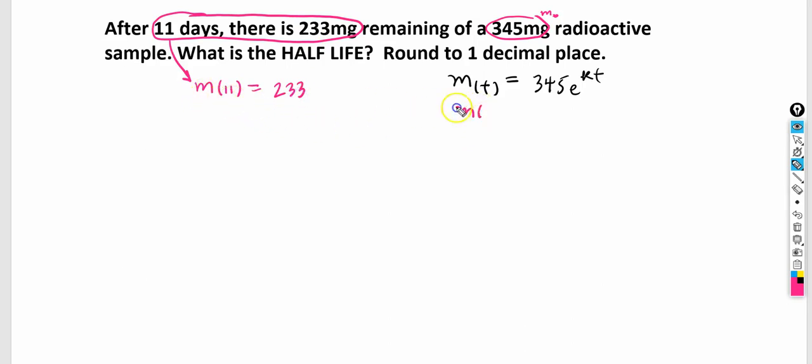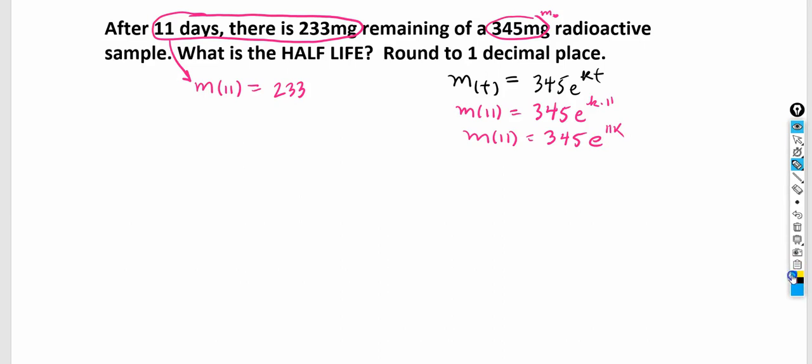I can use this formula. And so if I put t equal to 11, I get k times 11. I'm going to write that as 11k.